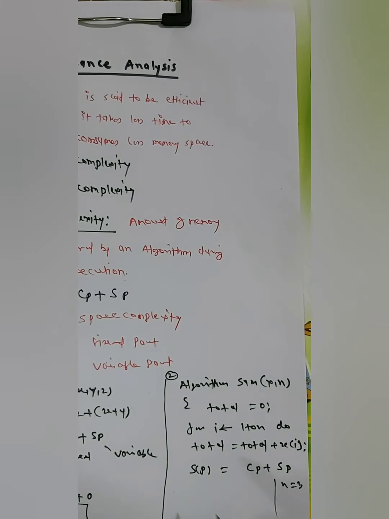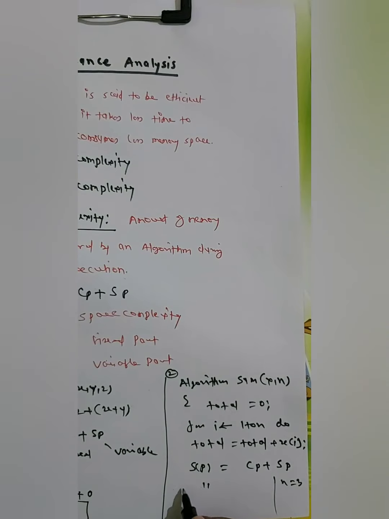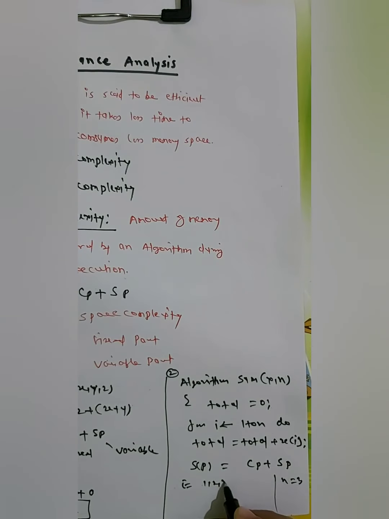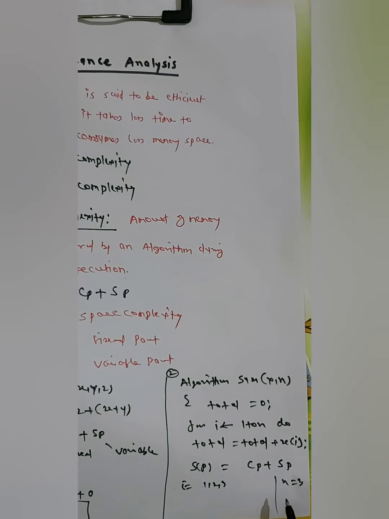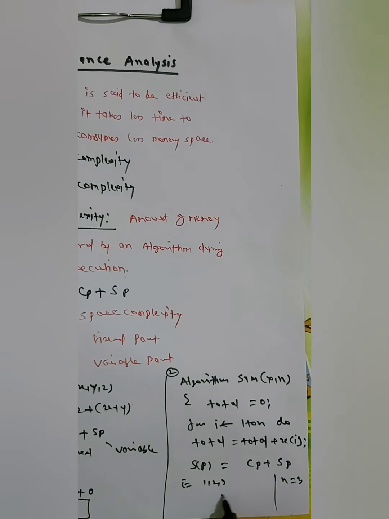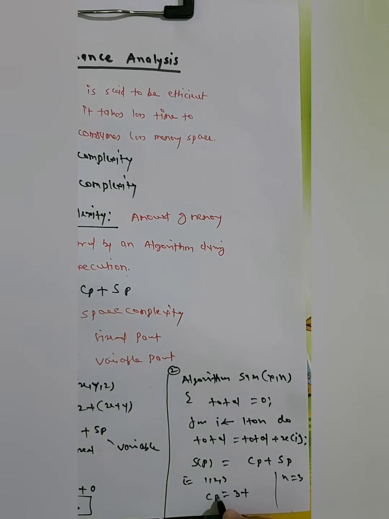So the for loop i is equal to 1, 2, 3 will run 3 times. So the i value is fixed, so C(P) is equal to 3 plus, that is our C(P).